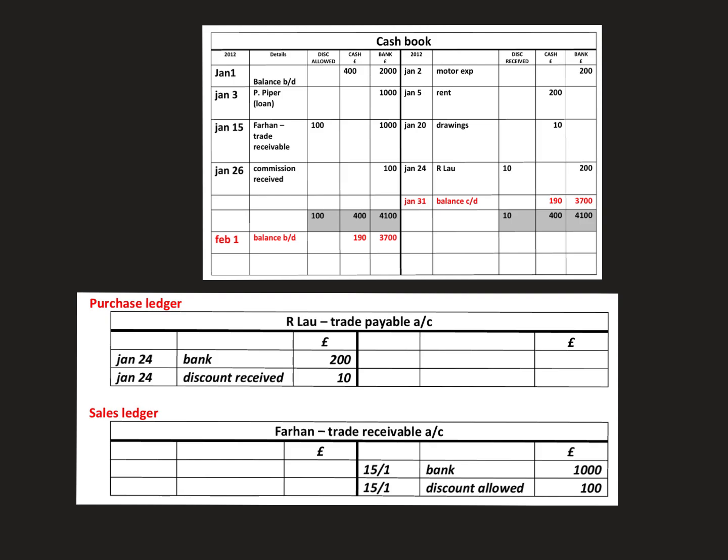Now we're going to be focusing on the other two entries that we have not yet considered. First, this one is for Farhan, who is a trade receivable, and the other one has to do with Law. These are two different types of transactions because they relate to trade receivables and trade payables.